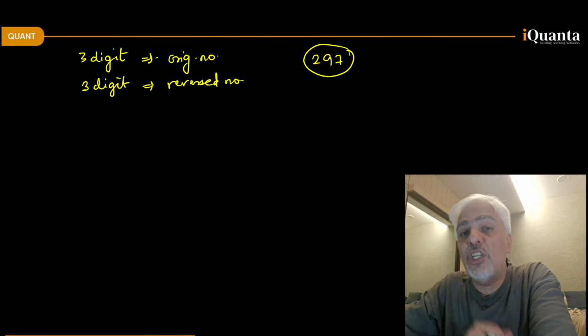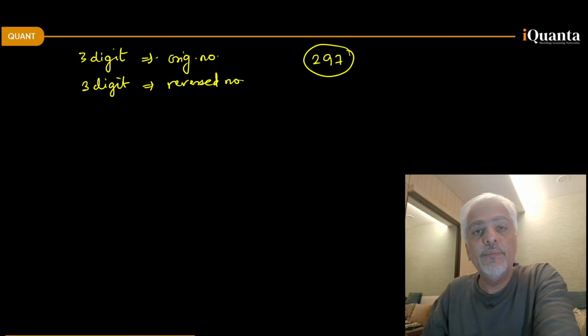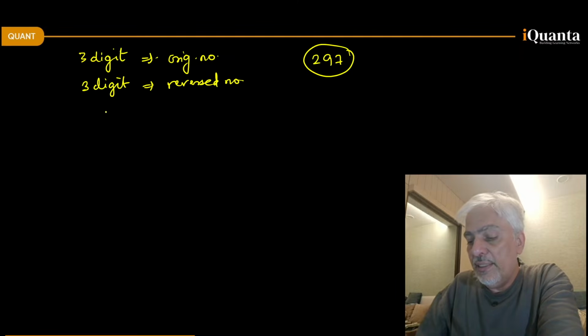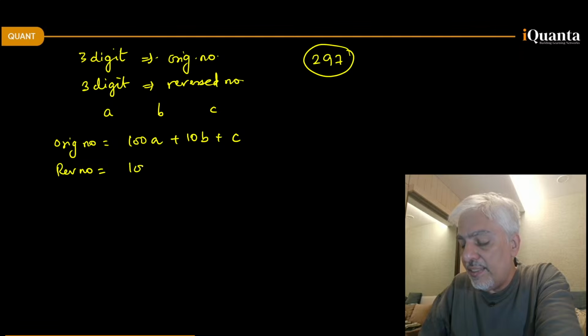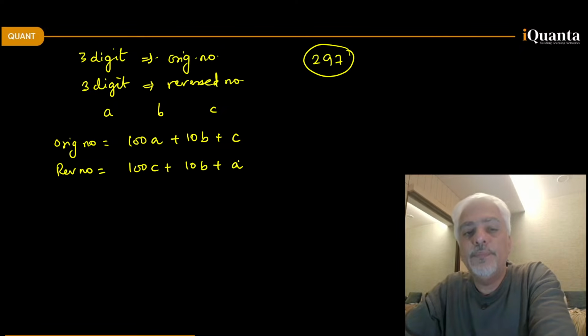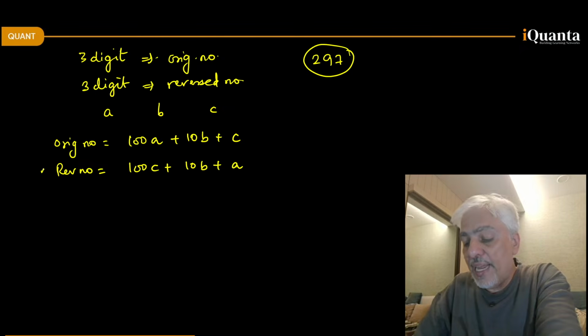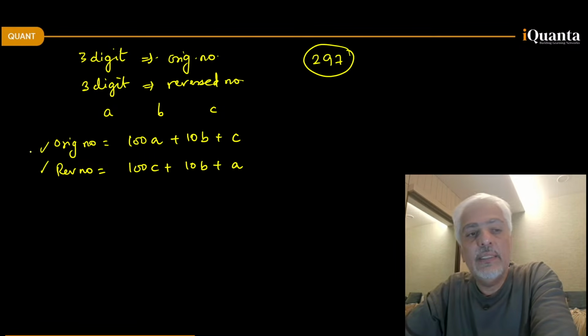Now this will change a lot over here. Pay attention carefully. If I take the 3 digits as ABC, the original number is 100A plus 10B plus C. And the reverse number will be 100C plus 10B plus A. Now, if I subtract these two numbers, what do I get?